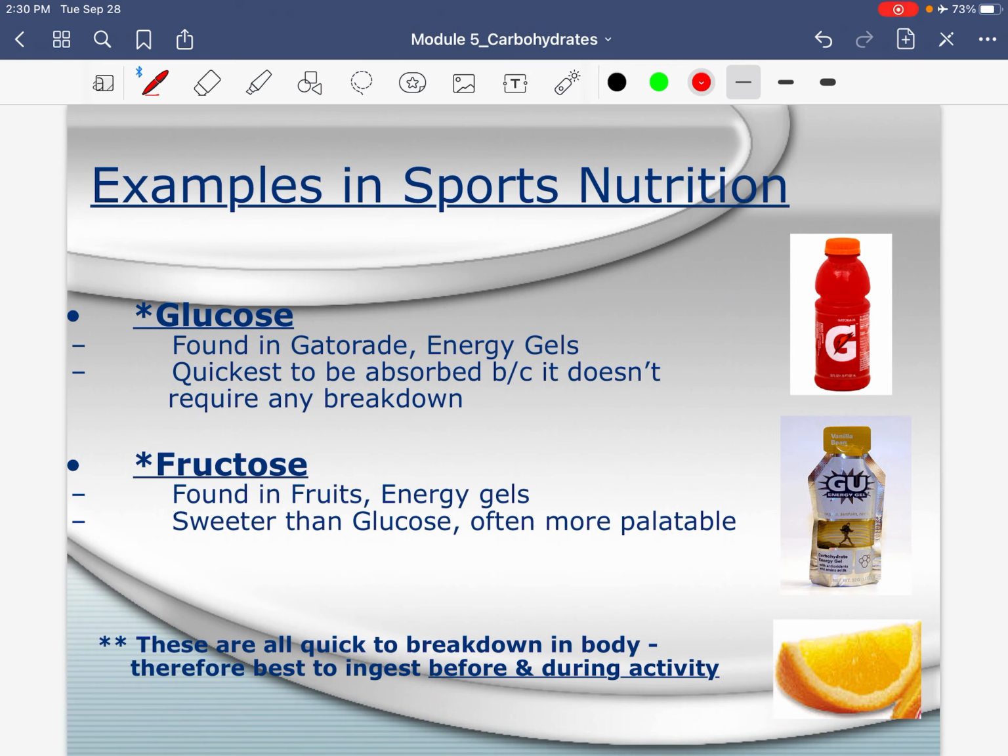Here are some other examples of where we would find glucose. A lot of energy gels have glucose. Fructose can also be found in energy gels. Oftentimes fructose is more palatable, and what that means is it tastes better. So fructose can be found in fruits naturally, but it can also be added to things like an energy gel because it's sweeter, makes it taste good.